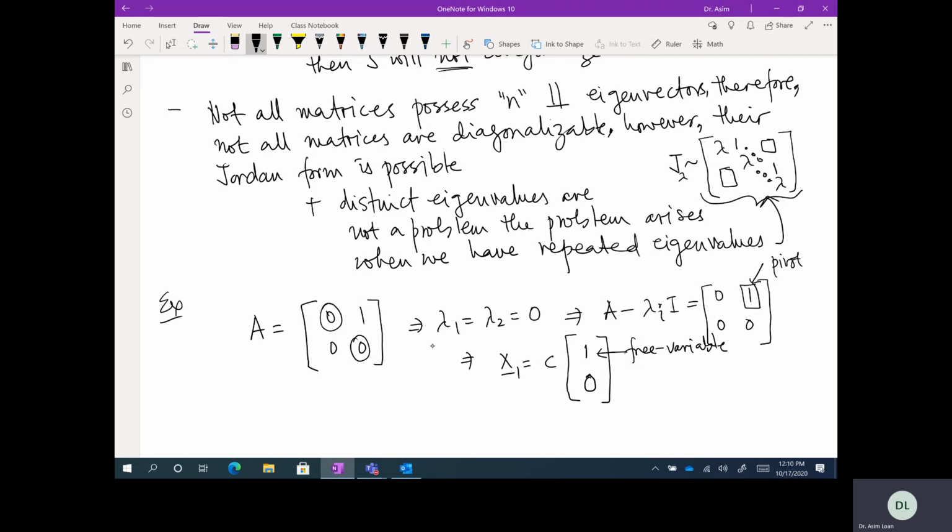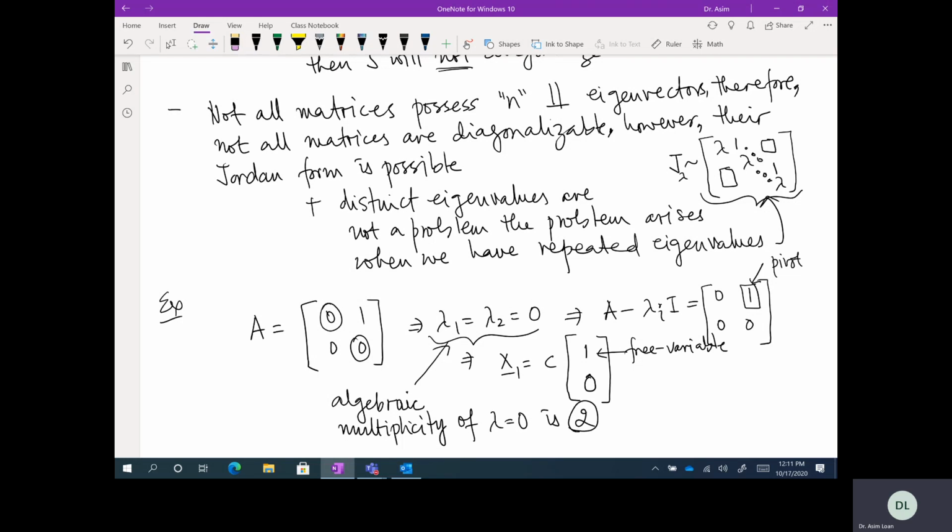And here the algebraic multiplicity of the eigenvalue lambda equal to 0 is 2, because there are two eigenvalues.